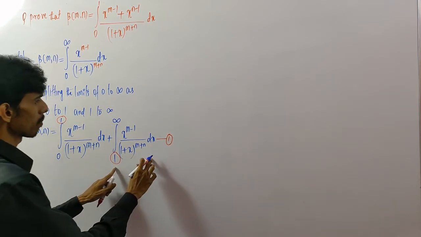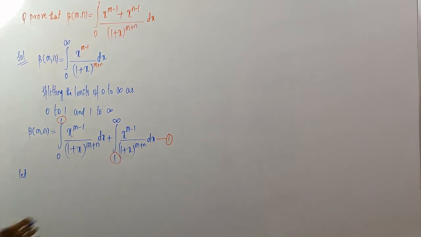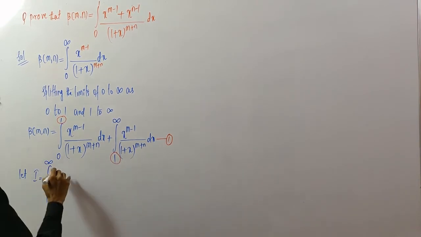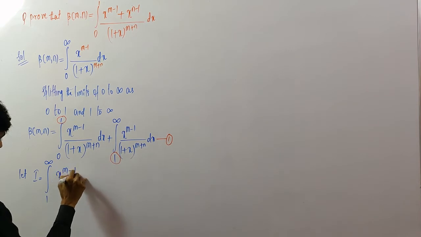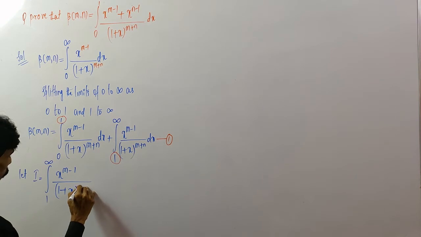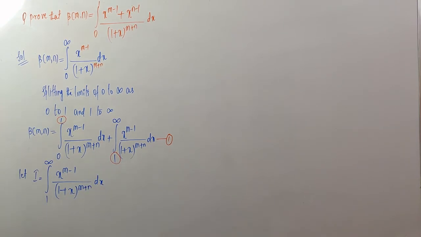Let us solve this part first. Let this integral be I. Let I be equal to integration 1 to infinite of x power of m minus 1 divided by 1 plus x whole power of m plus n dx. Now by proper substitution this integral can be solved.